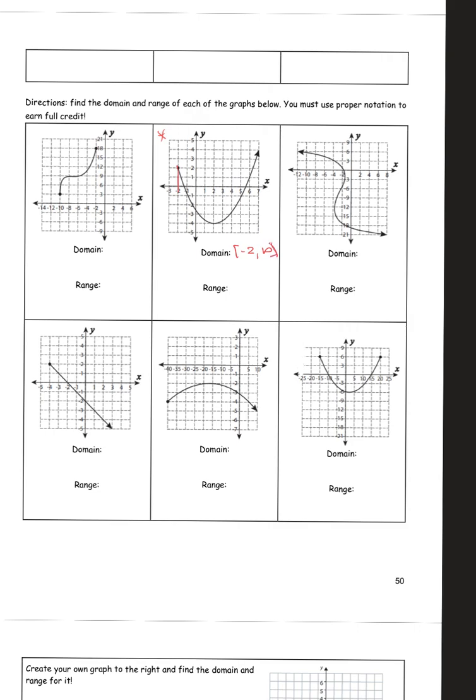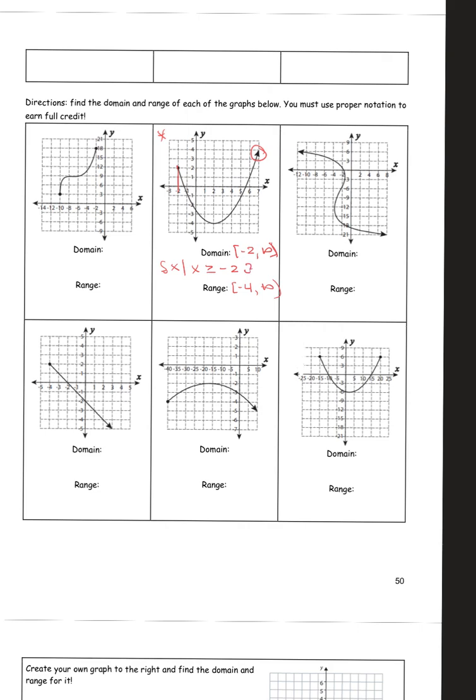And then our range, we can see our range starts at -4. And again, because this arrow is continuing to go here, we have -4 to positive infinity. Okay, so looking at our set notation, we have x with x greater than or equal to -2.